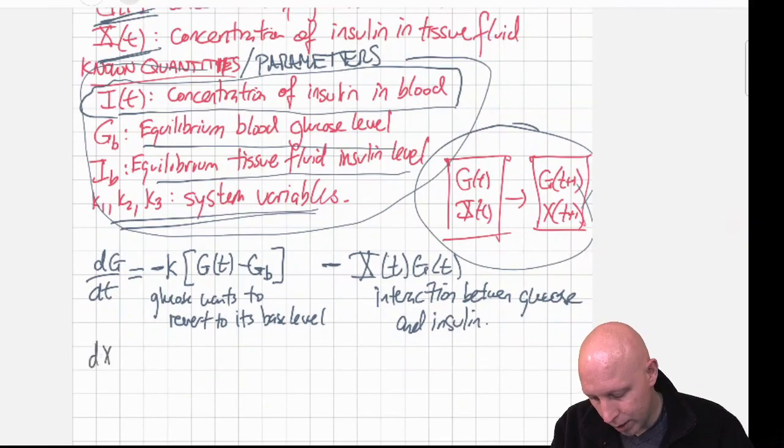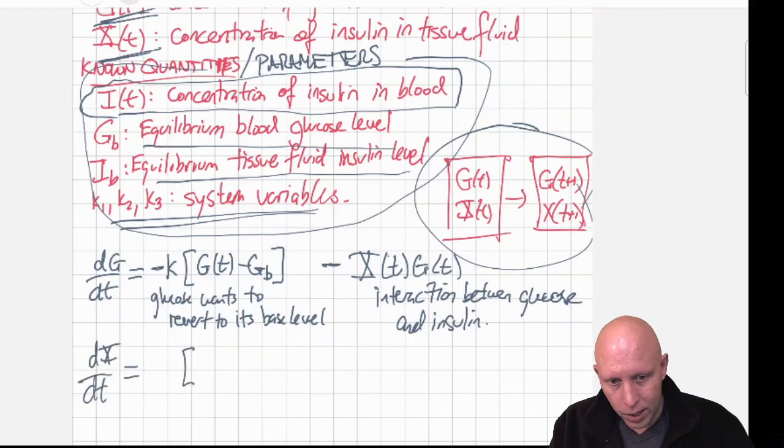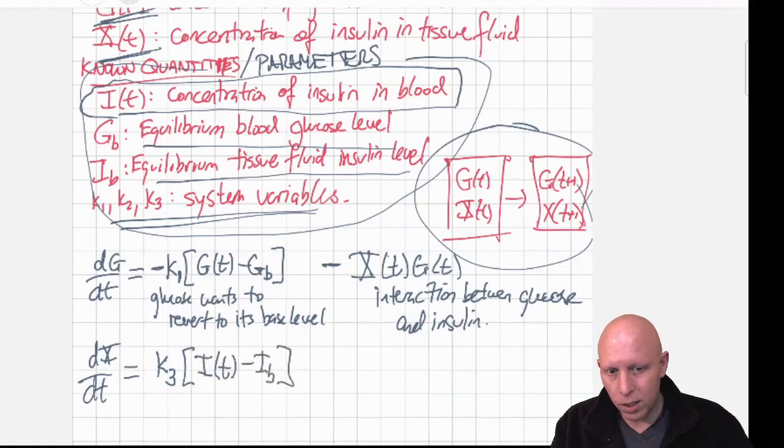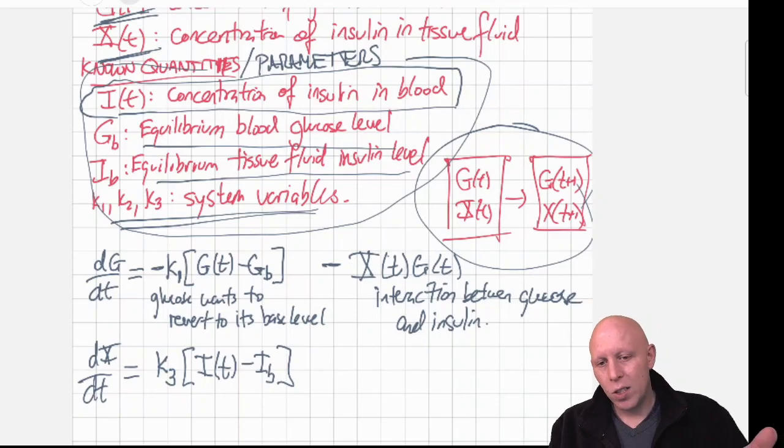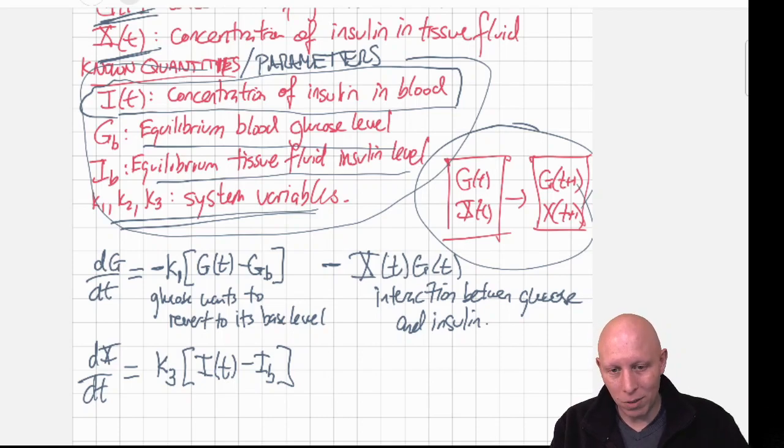Now the second equation, dx/dt. This is K1 up here, here's K3. This one is telling us that the rate of insulin transfer depends on how close the insulin in the blood is to its equilibrium level.